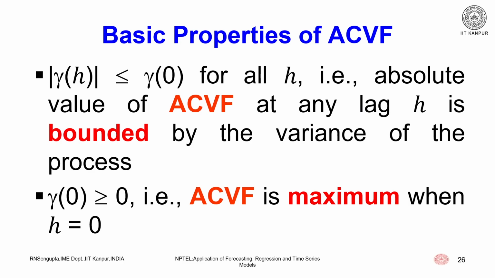For the autocovariance function ACVF, for any h, meaning basically a small unit of time, the value when h is 0, that is at present, is the maximum, which is the second bullet point that has been mentioned. And for any value, this gamma for all h is the absolute value of ACVF at any lag.